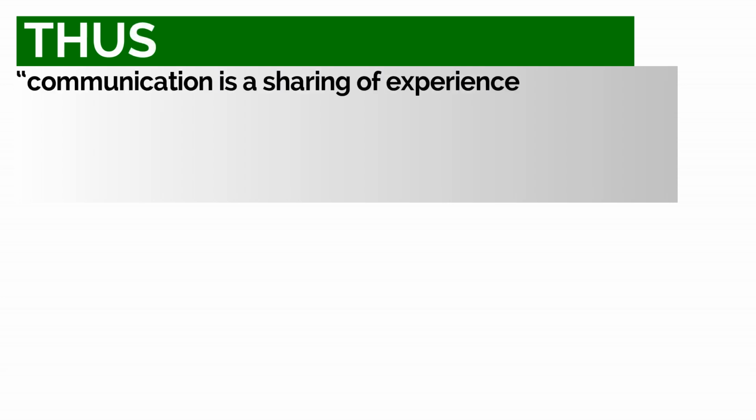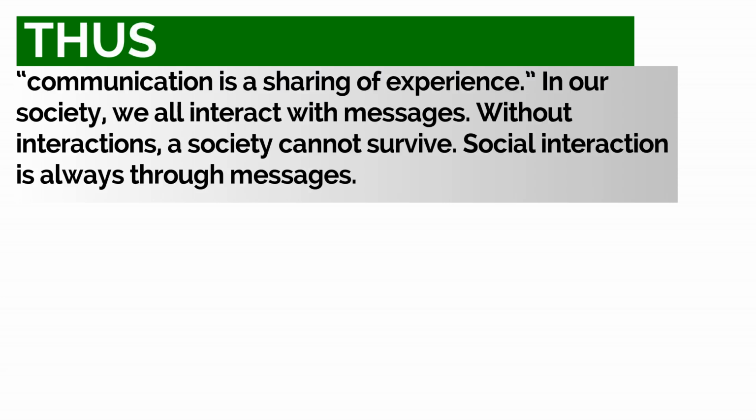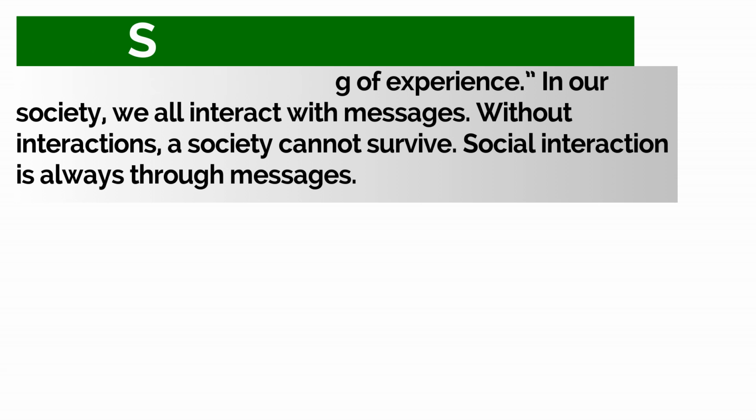Thus, we may say that communication is a sharing of experience. In our society, we all interact with messages. Without interactions, a society cannot survive. Social interaction is always through messages.